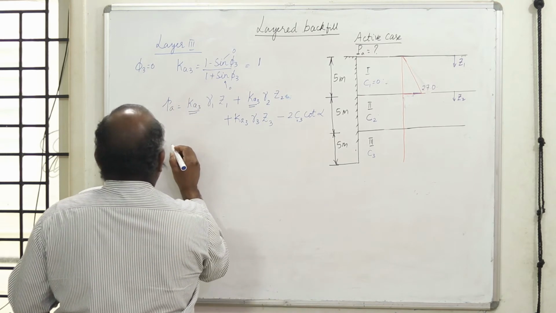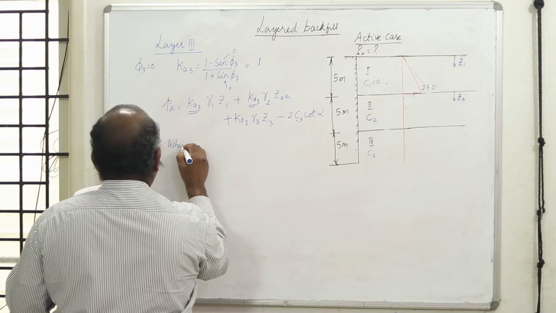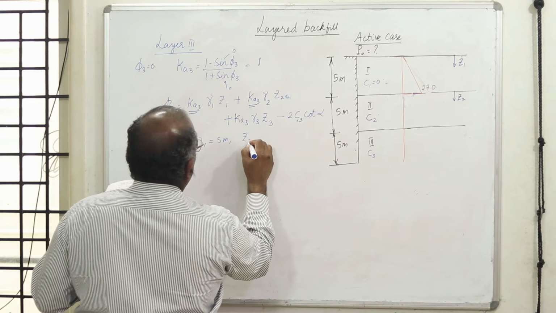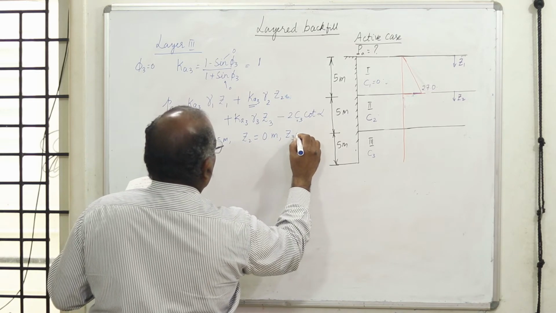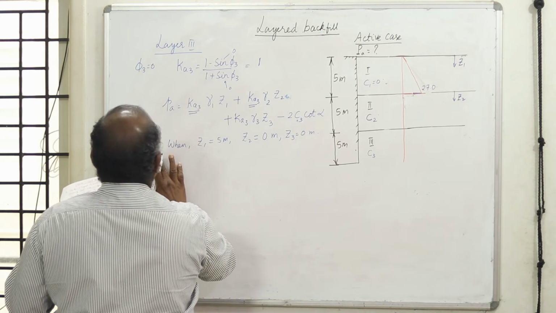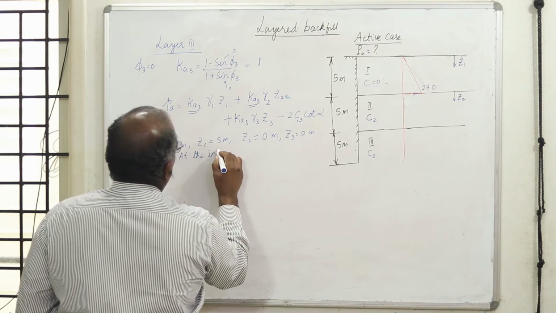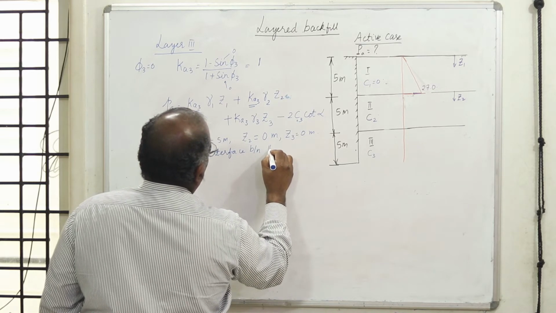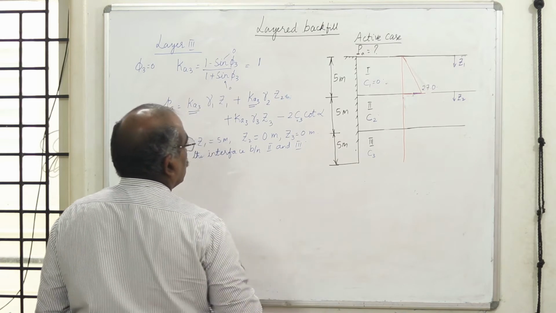Now once you substitute, at the interface, when Z1 is equal to 5 meters, Z2 is equal to 0 meters, Z3 is also equal to 0 meters, then it becomes, this is at the interface between the second and third layer.